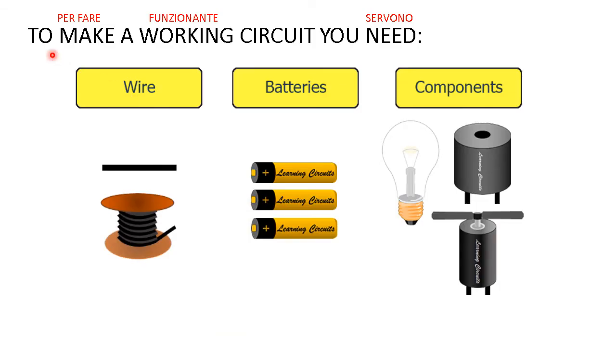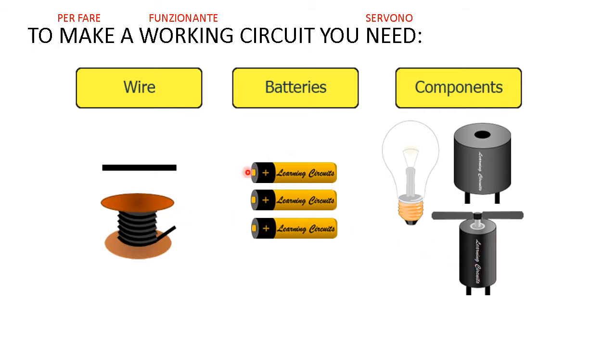So, to make a working circuit, you need wire to connect the batteries and the components. The wire is a connector because it connects things.